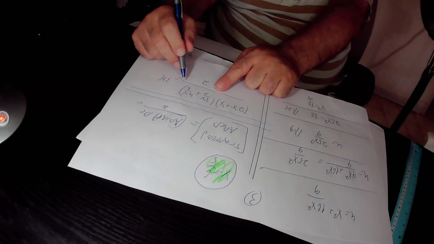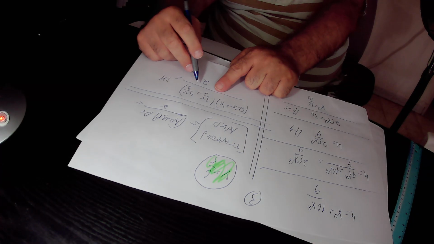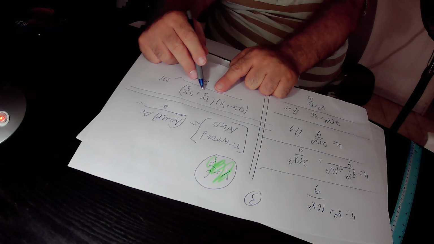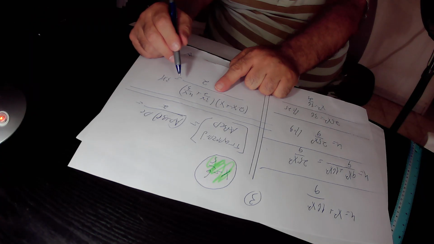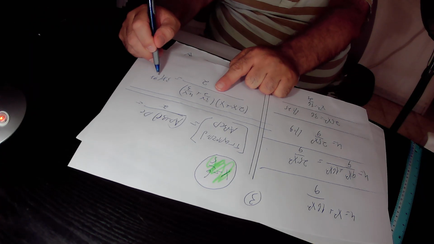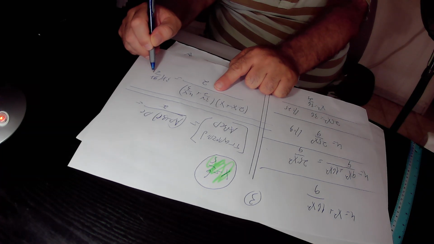So here we take 6 as a common factor of those two expressions by multiplying the expression 3x over 2, both the numerator and the denominator, by 3. And we get that 3x times 3 is 9x over 2 times 3, that is 6.